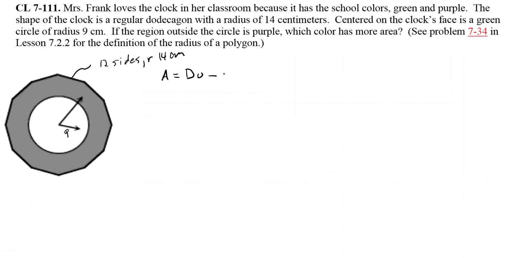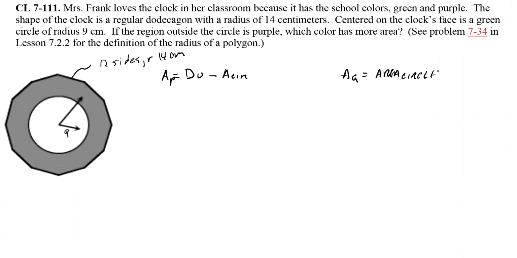Minus the area of the circle is going to be the area of purple, right? And the area of green is going to be the area of the circle. Okay, so this is the area of the circle.